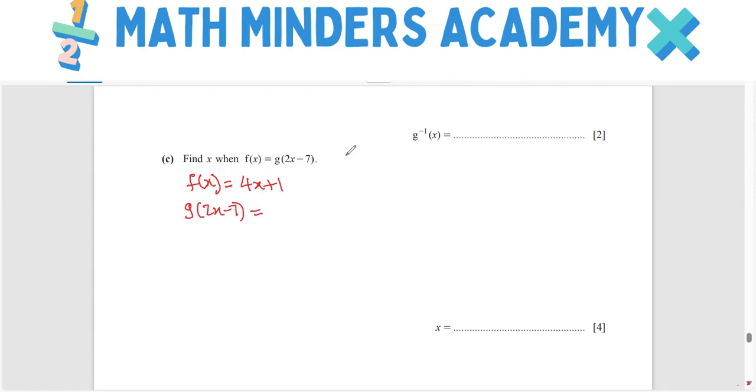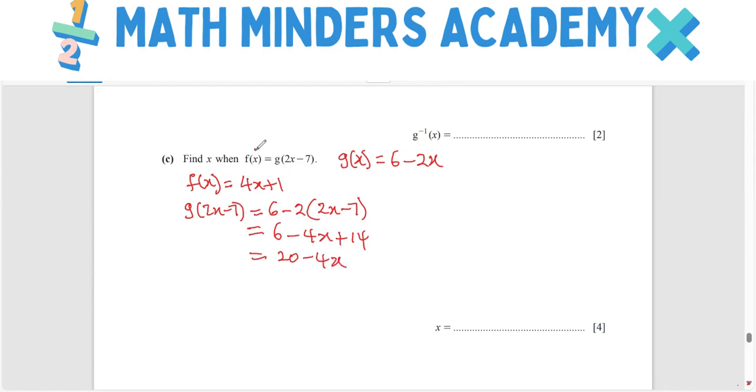We know that g of x equals 6 minus 2x. So we replace x with 2x minus 7. This gives us 6 minus 4x, and minus 2 times minus 7 is plus 14. So that is going to give us 20 minus 4x.